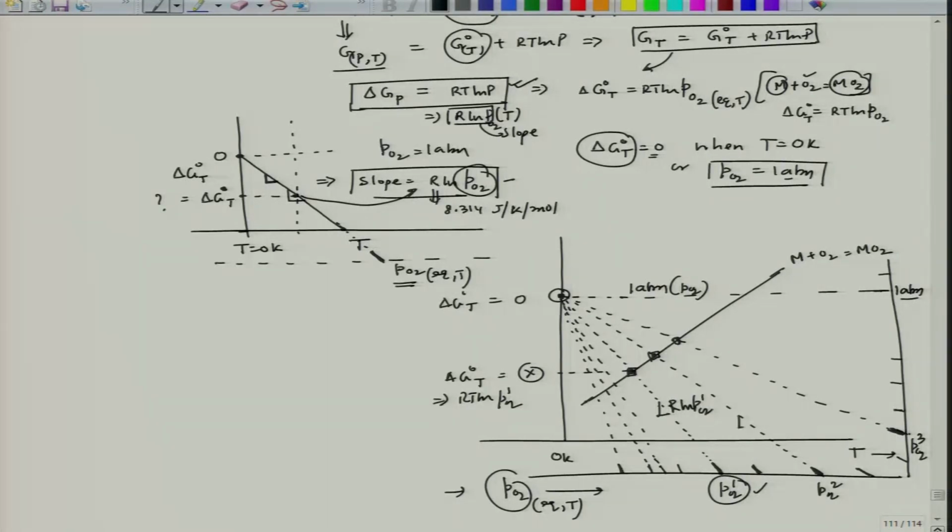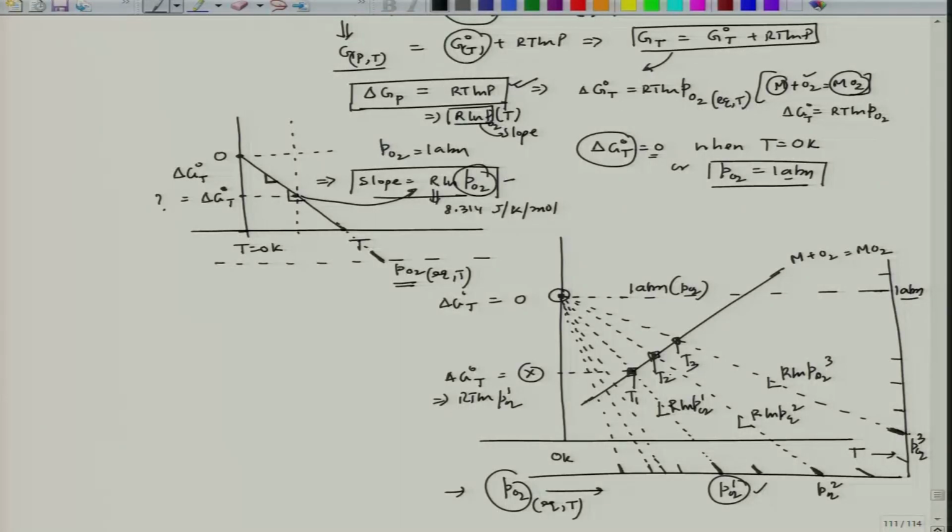In this case the slope is R ln PO2 2. In this case the slope is R ln PO2 3. So, these 1, 2, 3 are the 3 different temperatures: this is T1, this is T2, this is T3.